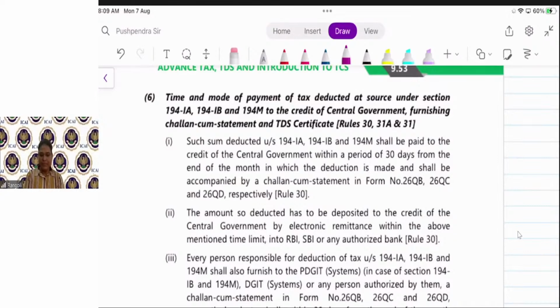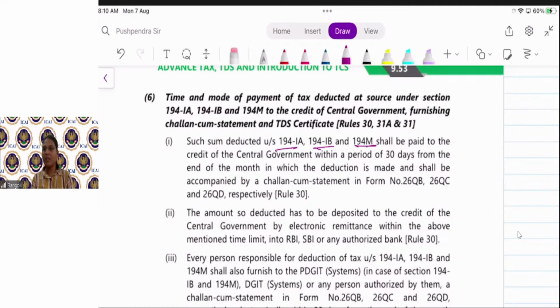Next is, see, you have deducted TDS of someone, so you need to inform the government. So in three sections, that is section 194IA, 194IB, and 194M, we have studied that TAN is not required. We can file the TDS return through PAN. So the time limit for filing, see, here you have deducted TDS.